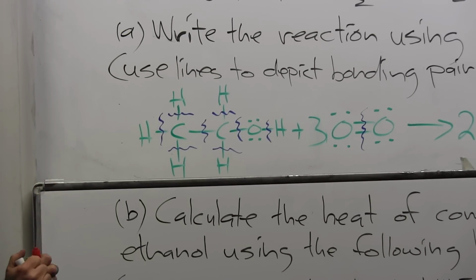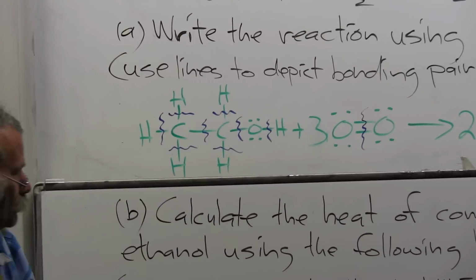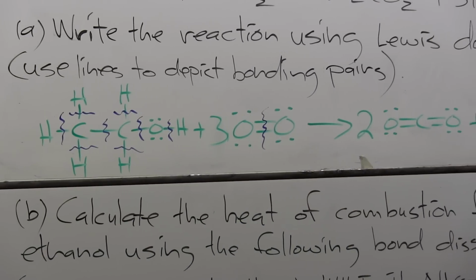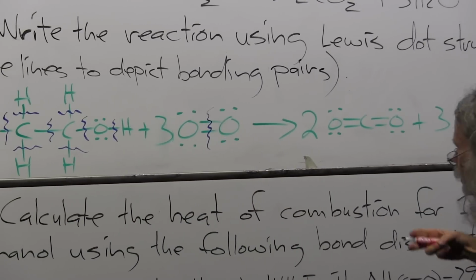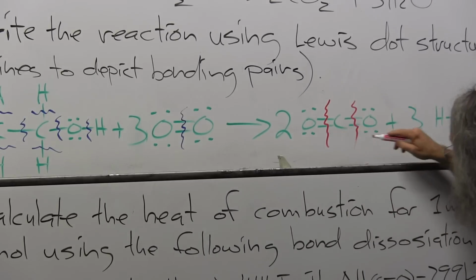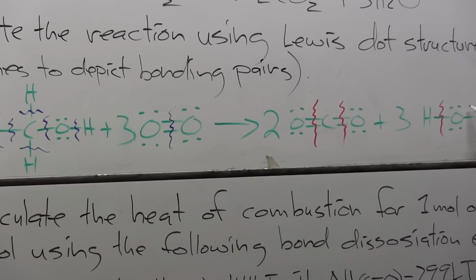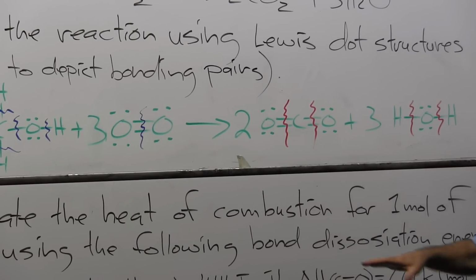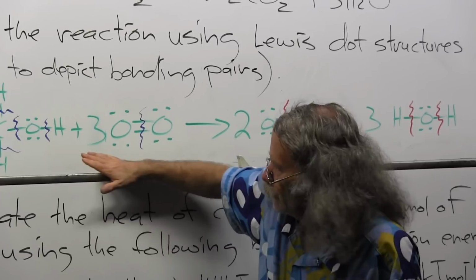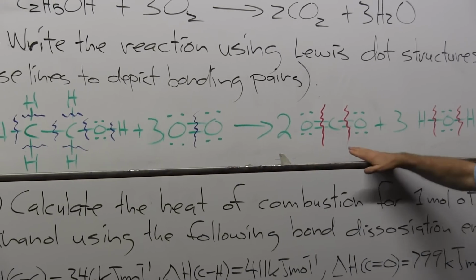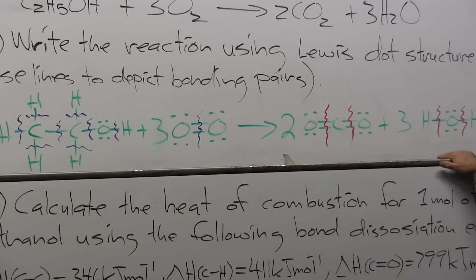When the bonds are broken, I have to put energy in to break them, and I get energy back, or energy is released, when these bonds in the products form. So I've depicted in blue to illustrate this. I have to put energy in, and I've done it in red. I get energy out. I don't know if there's any significance to blue and red.